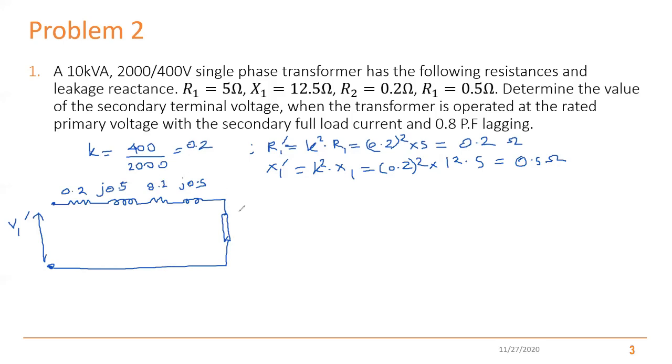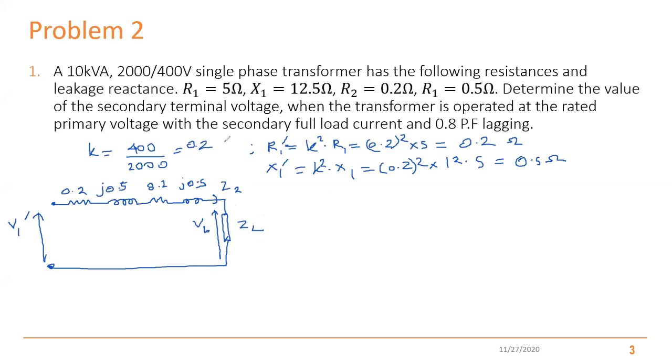These are secondary values. So I don't know ZL. The load power factor is given. This current is I2. So this is the load voltage. So what you have to find out is the load voltage.